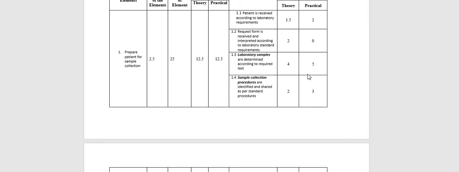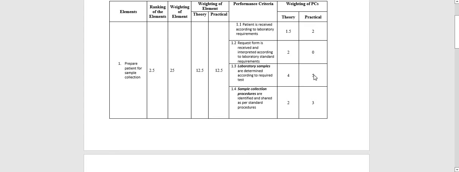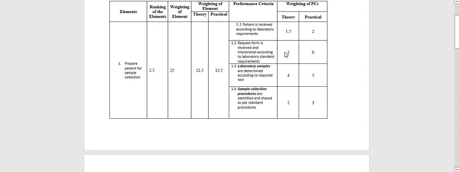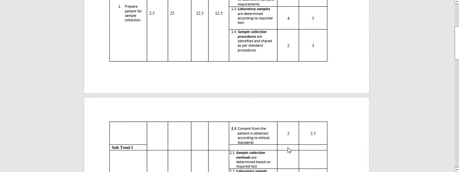So you can really see where I've given more marks, where it requires more. It requires a lot of, for example, practical aspects here. This also requires a lot of practical aspects. So if you add all these 1.5, 2, 4, 2, you'll get a subtotal of 12.5.